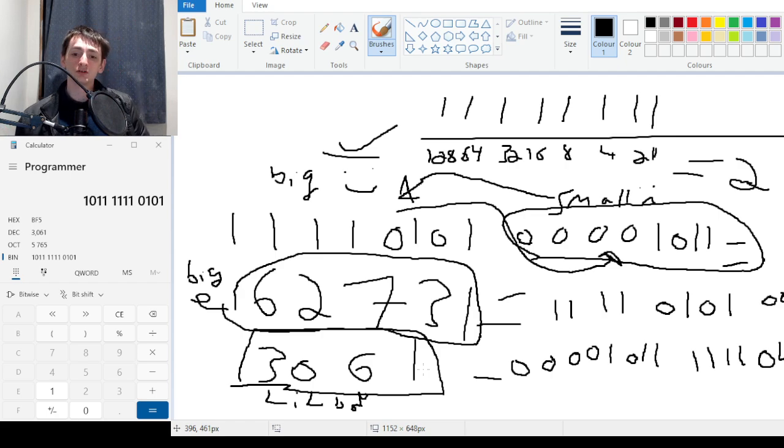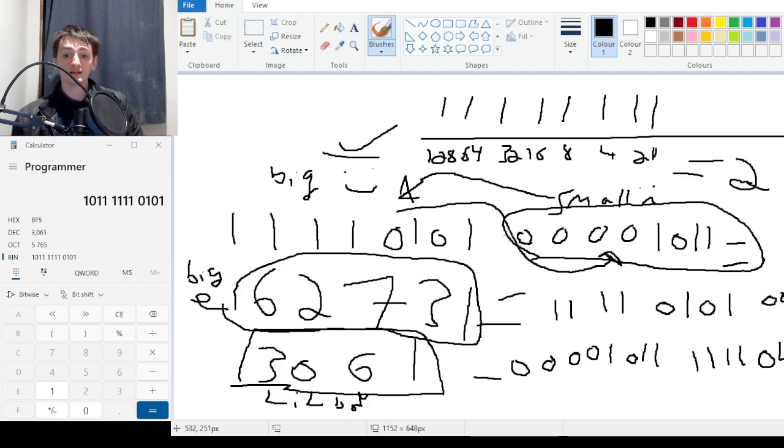If you want to get the right value, you've got to remember in what order the bytes are stored. If they're stored in big Endian, the big boy goes first, and you work out your calculations assuming that the big boy is the first byte and it has the highest values. So your 10,000, 5,000 odd, and then your small values will be at the back, your 1, 2, 4, and 8.